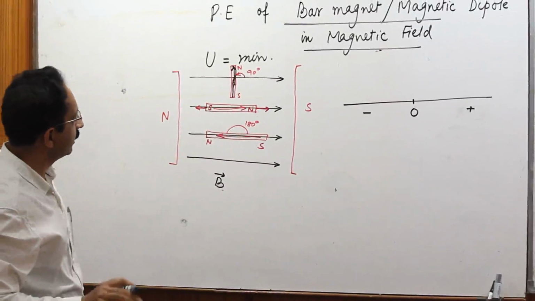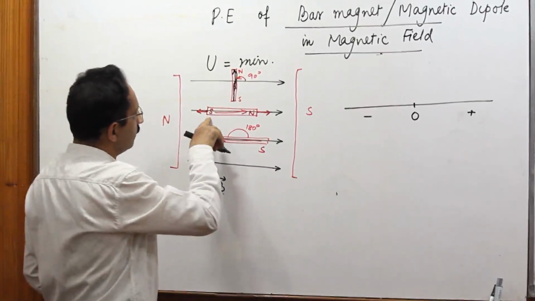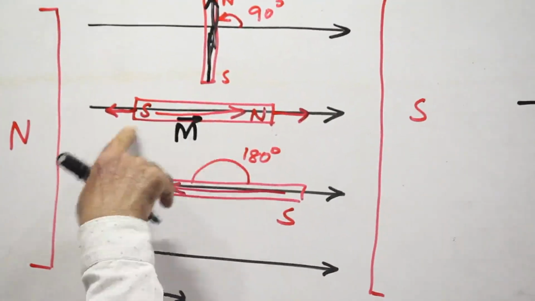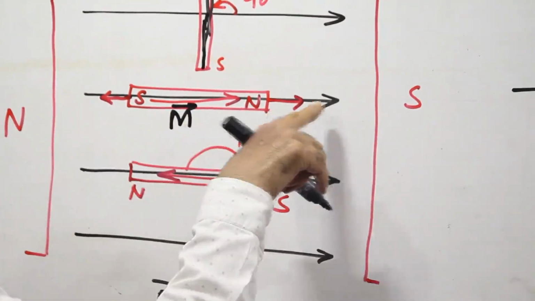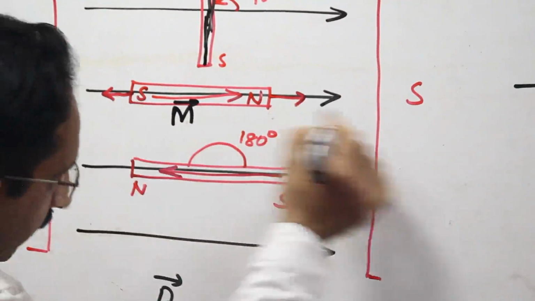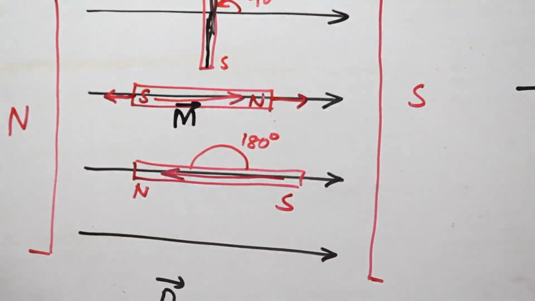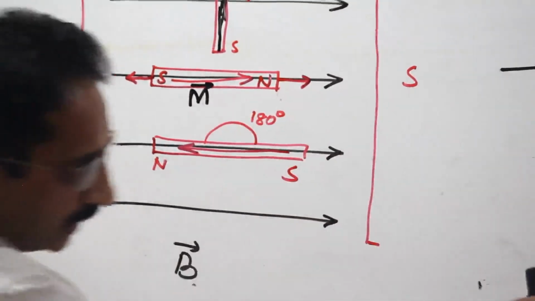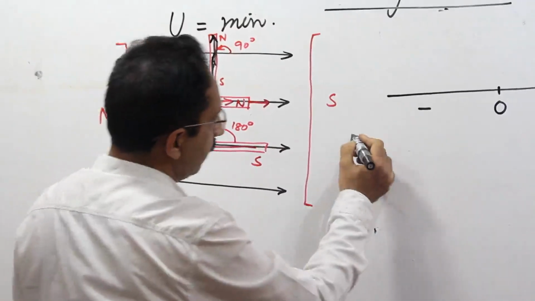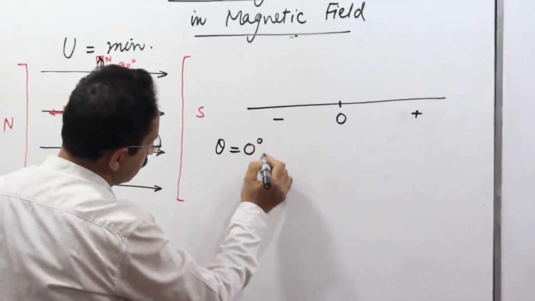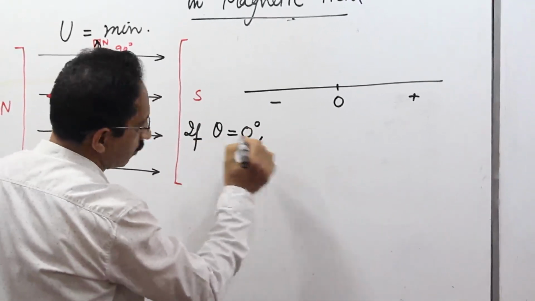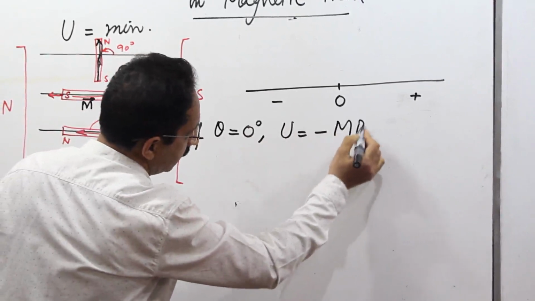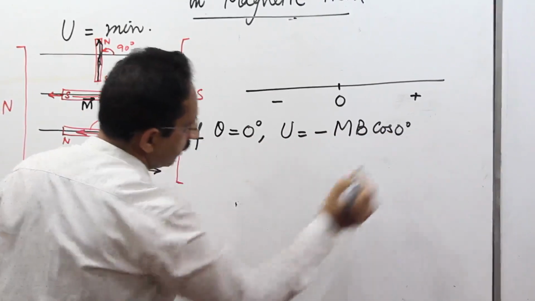So what will happen in this case? The angle between m is this now. Magnetic dipole moment is m, south to north. The angle between m and B, the magnetic line of force, the black line, this m and B are making 0 degree angle with each other. So as per that relation, you will see what happens if theta is equal to 0 degrees. So if theta is equal to 0 degrees, U will become minus mB cos 0 degrees, right?